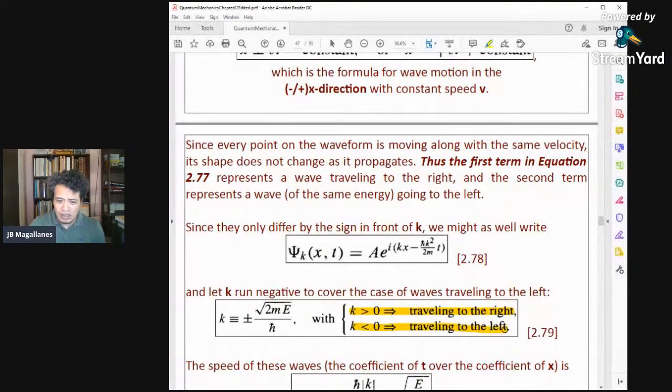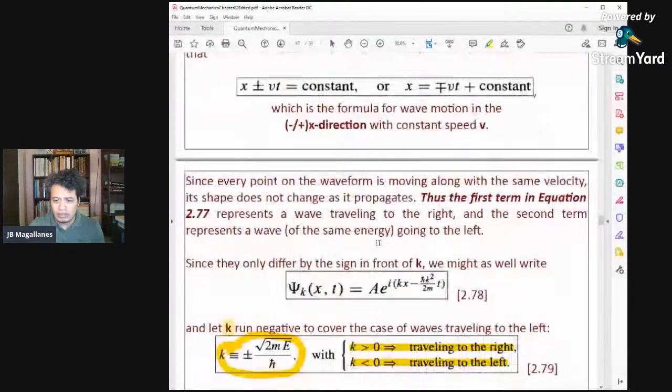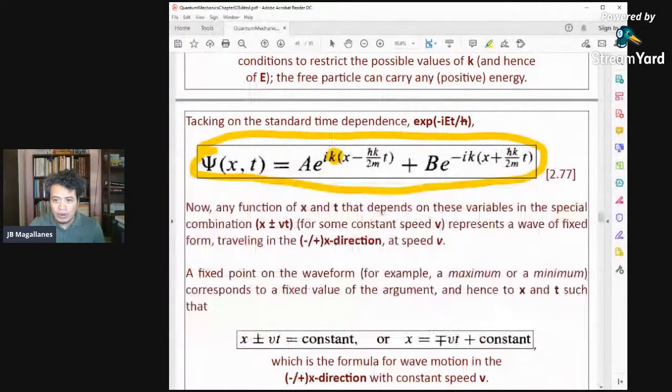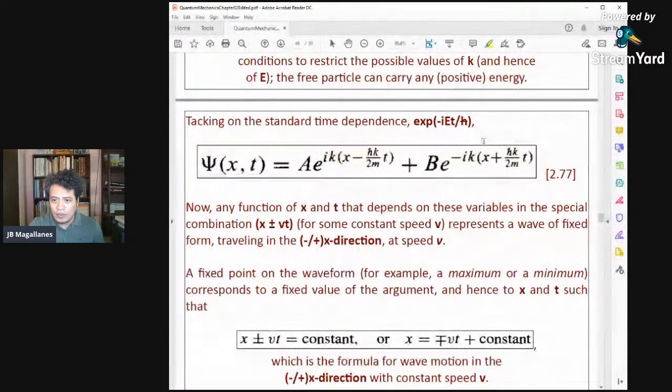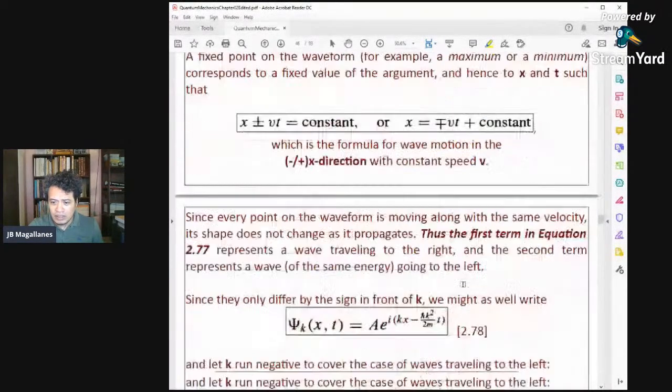So we can just write k in terms of this, and unify these two terms into just one term like this.